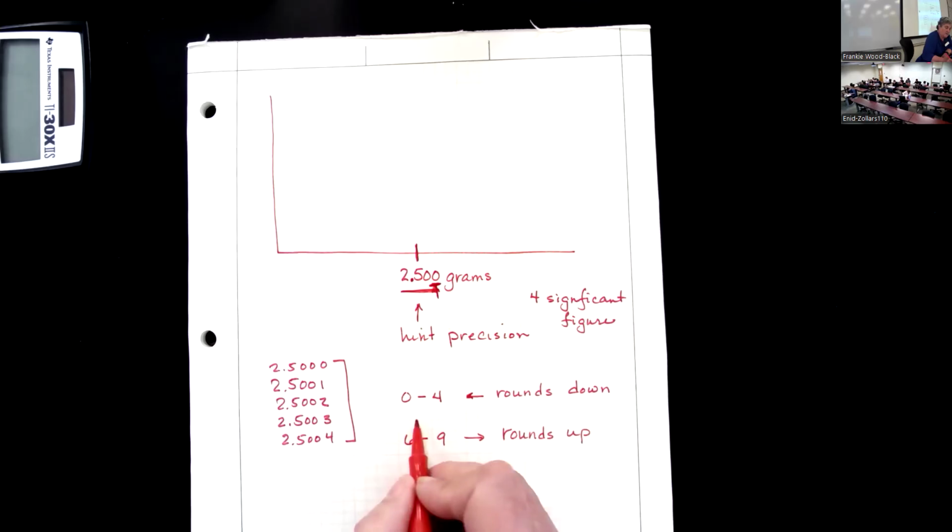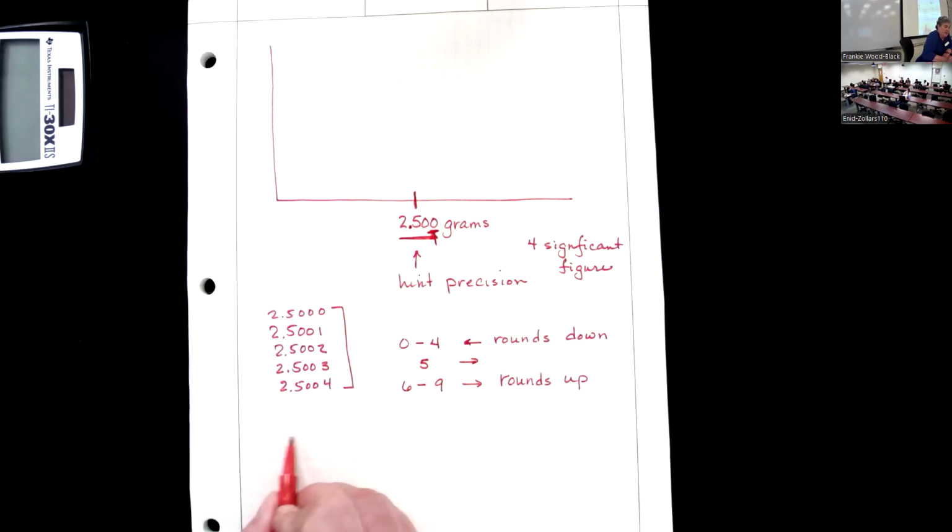And for the 5, we're going to use the engineering version, where if I'm going 0.005, if this digit is even when you round, then round to the even value. That's what we're going to do. We're going to round to the even value.